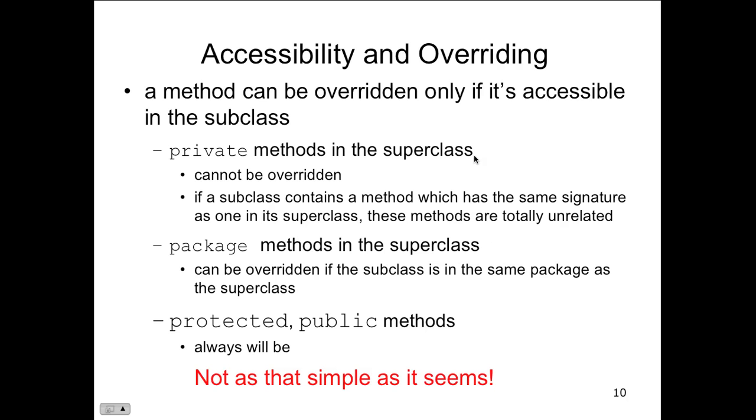Private methods in the superclass cannot be overridden. They're private. So if the subclass contains a method that has the same signature, which means it takes the same number of parameters and has the same name as one in its superclass, these methods are totally unrelated.